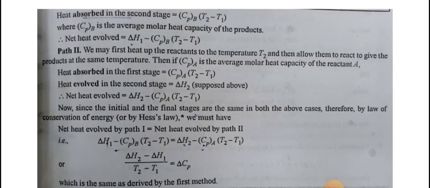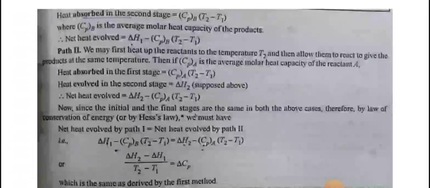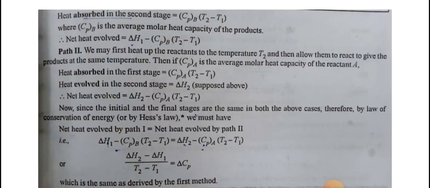Now, since the initial and the final states are the same in both cases, by the law of conservation of energy, or by Hess's law, net heat evolved by path 1 is equal to net heat evolved by path 2. Delta H1 minus Cpb into (T2 minus T1) is equal to delta H2 minus Cpa into (T2 minus T1). Delta H2 minus delta H1 divided by T2 minus T1 is equal to delta Cp, which is the same as derived by the first method.